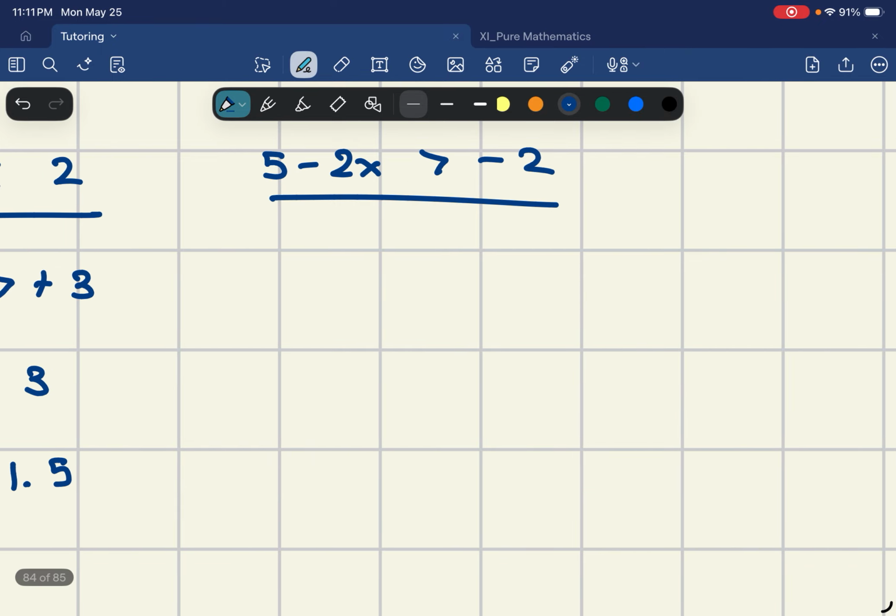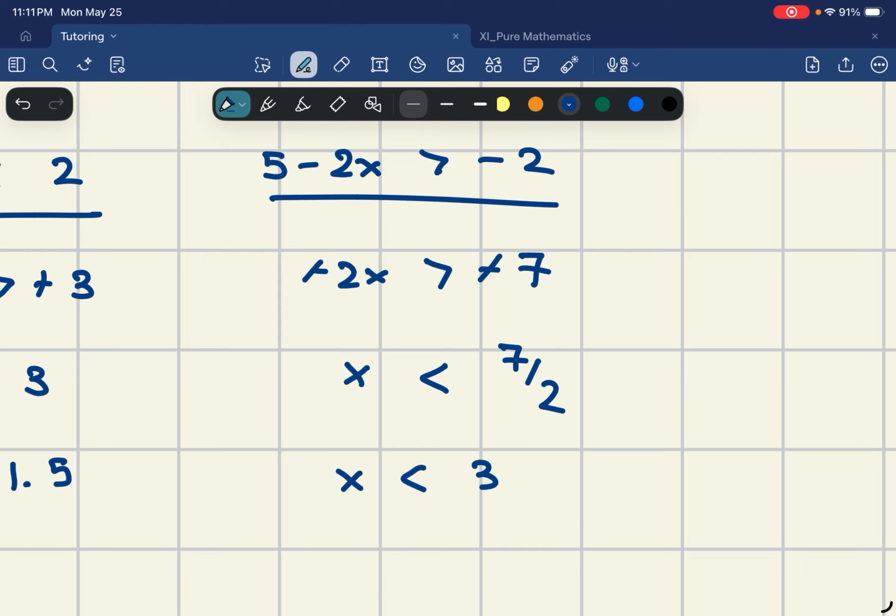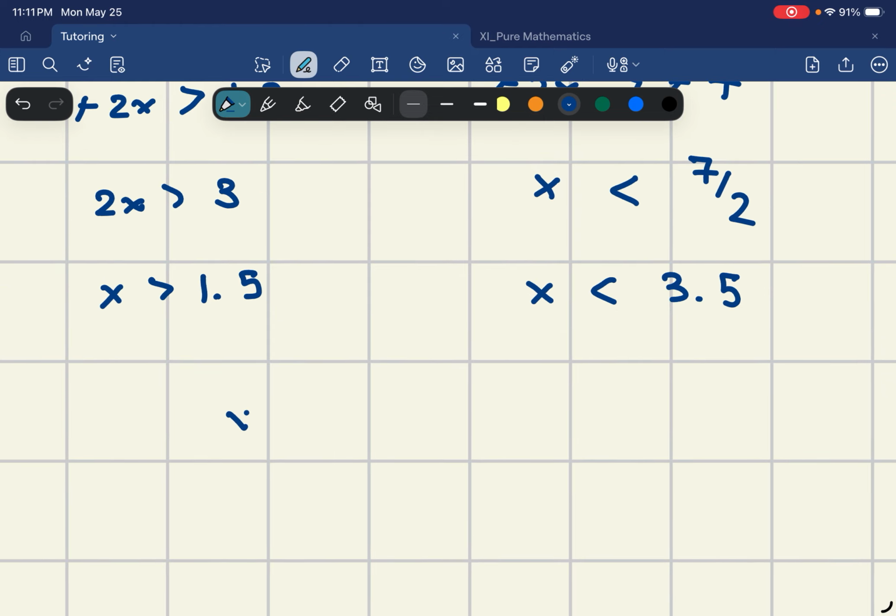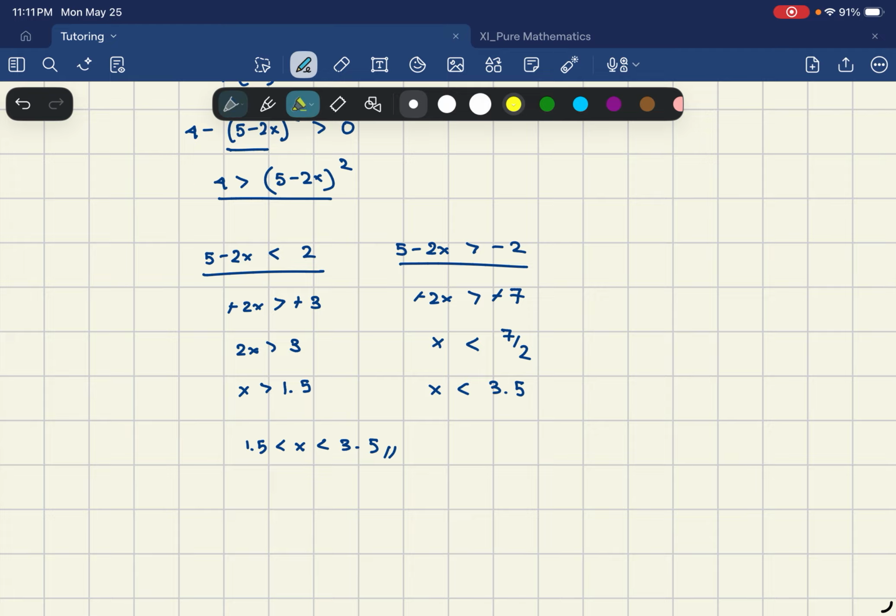And from this expression, if you subtract 5 on both sides, you get this expression. And basically, if you cancel the negative signs out, you have to switch the signs. And I divide by 2, I get x is less than 3.5. So now, putting everything together, I get x is between 1.5 and 3.5. That is your solution for C.